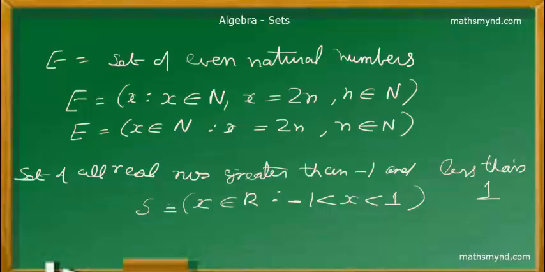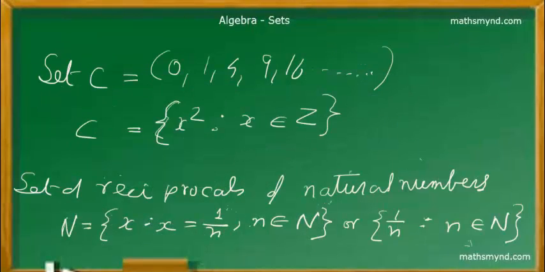It's quite simple. I have denoted the set S, and S is x such that x is an element of real numbers. So capital R stands for the set of real numbers, and x is such that, and what is the property? The property is that it ought to be between -1 and 1. So -1 is less than x, and x is less than 1.